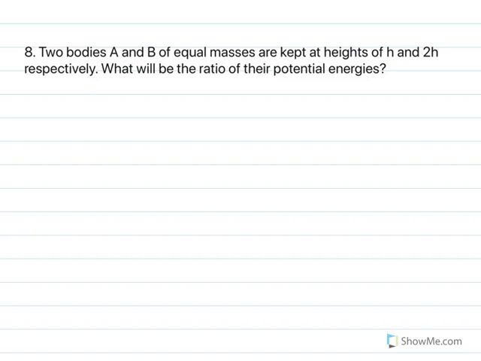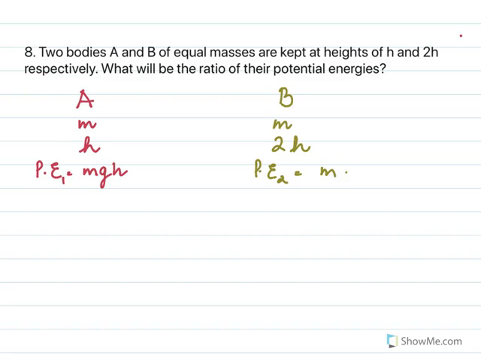Two bodies A and B of equal masses. So I have A with mass m, B with also mass m, are at a height of h and 2h. This height is h, this height is 2h. Find the ratio of their potential energy. So potential energy mgh here, potential energy 1, and here potential energy 2 mg. Now remember, h is 2h here, the height is 2h. Now we find the ratio.